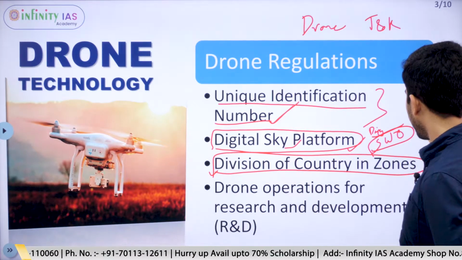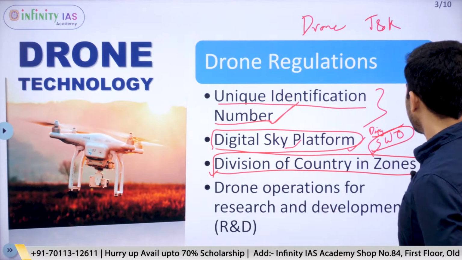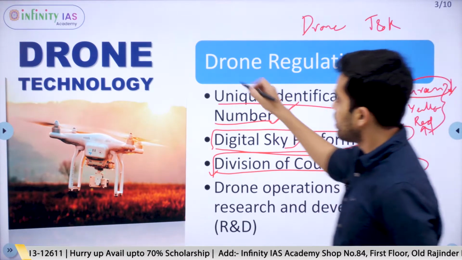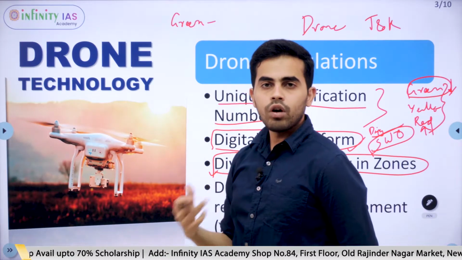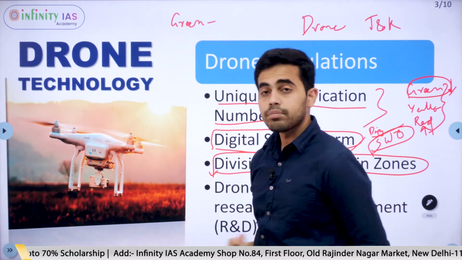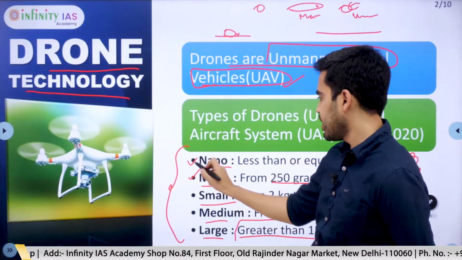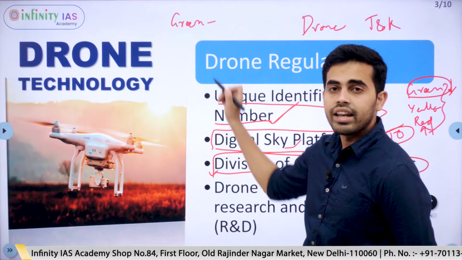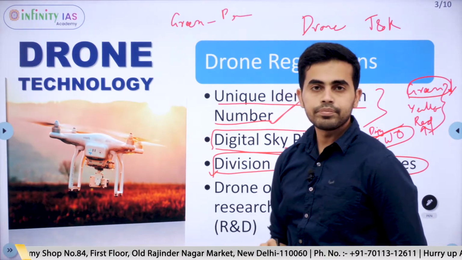For the prelims examination, we need to know that there are 3 types of zones, and the restrictions are very high in the red zone, whereas they are very low in the green zone. For example, in the green zone, people operating drones, particularly nano and micro drones, the smaller ones, need not get prior permissions or registrations.